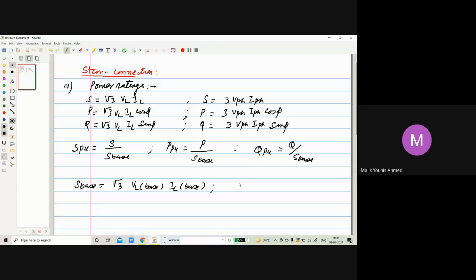So if I have to write S base in terms of the phase values, I will write 3 V phase base into I phase base.